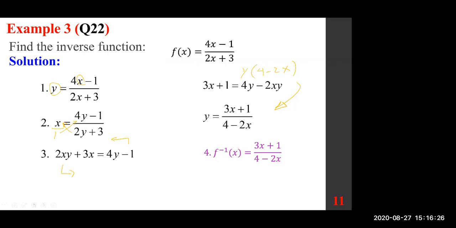Now, the only thing I want to add, what if we moved it, if we go back to this step, class, and change the way we moved things, for example, we moved 4y to the left and 3x to the right. If we did it that way, I'm going to write it down here, we would get 2xy minus 4y equals minus 3x minus 1.